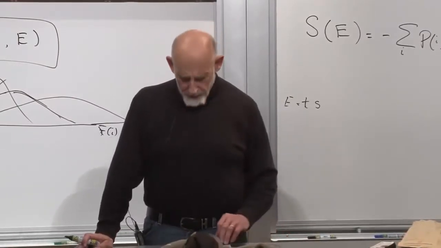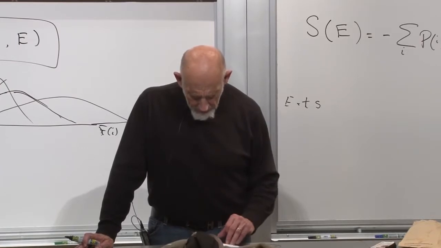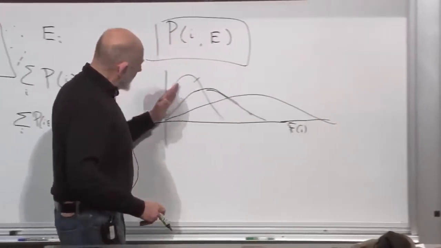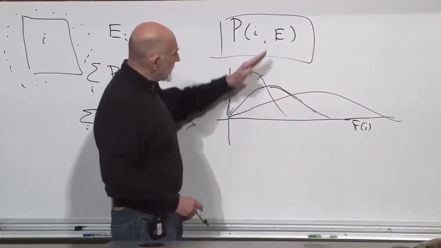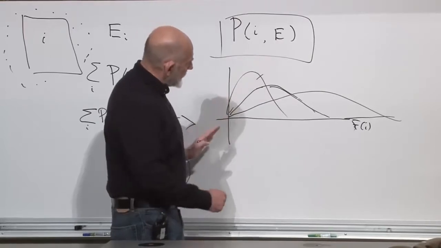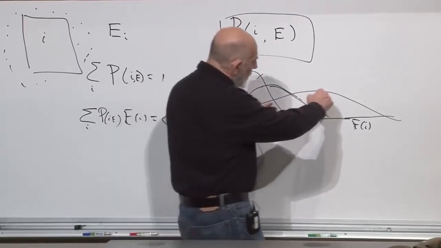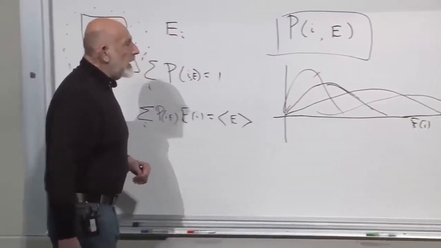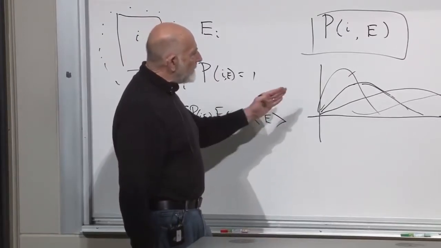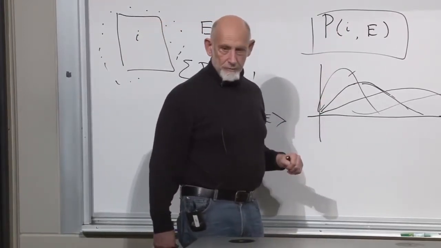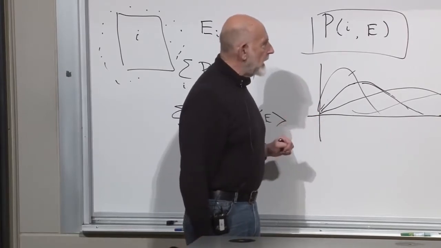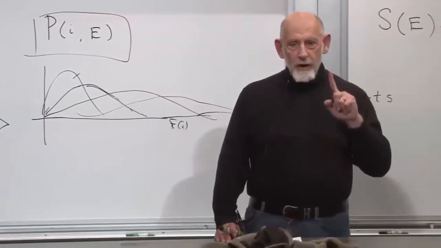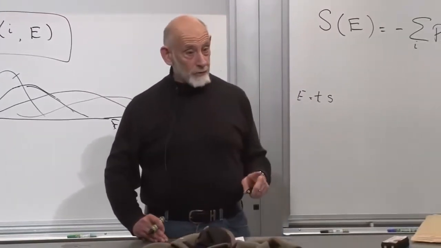Now let's ask a very funny, interesting question. How much energy does it take? Each one of these probability distributions, parameterized by a given average energy, the higher the average energy, the more they'll spread out to the right. We could ask, how much do you have to change the average energy in order to change the entropy by 1 bit? 1 bit means log 2.